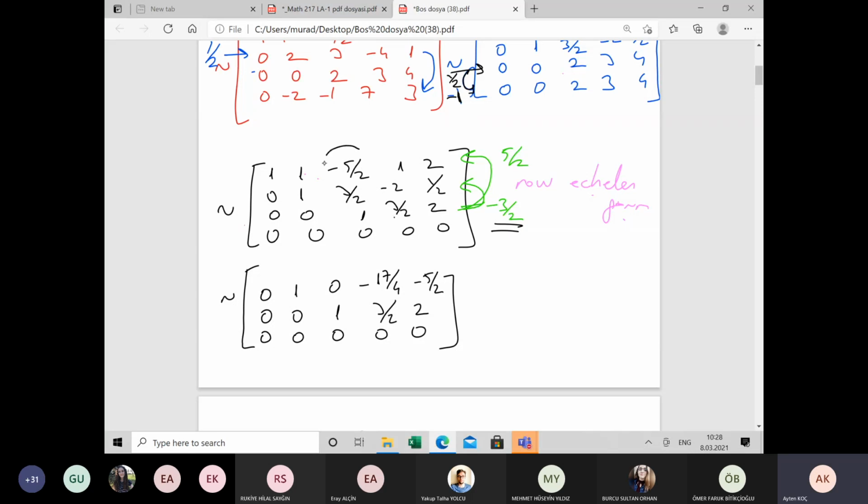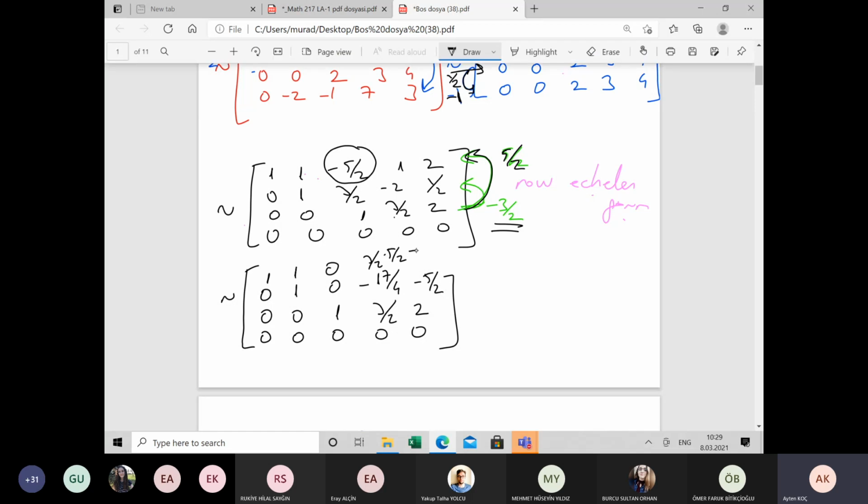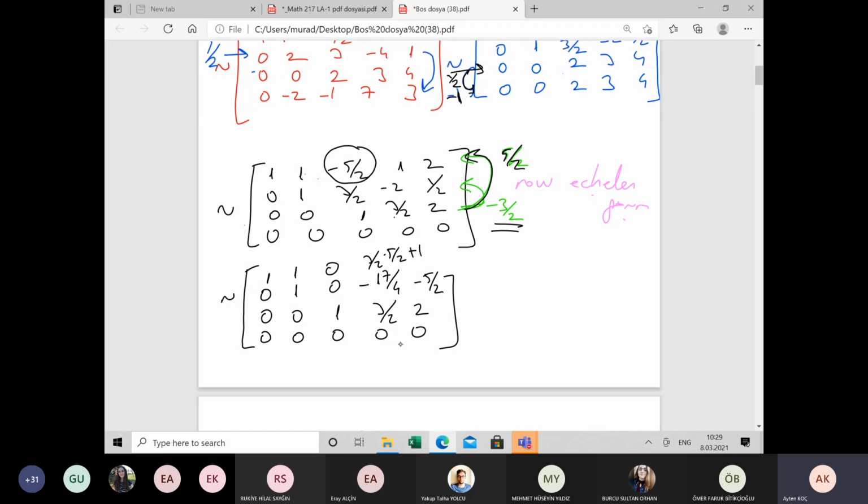And our aim is to get 0 here. Multiply by this operation, 5/2. 1, 0, 1, 1. 0, 1, 1. 1 multiply 5/2 plus -5/2, 0. 3/2. And this one is 3/2 times 5/2 plus 1. It's okay?